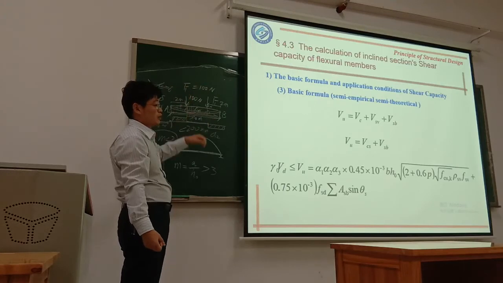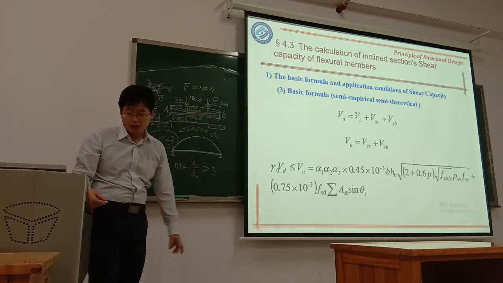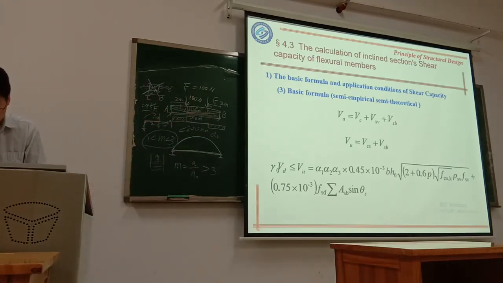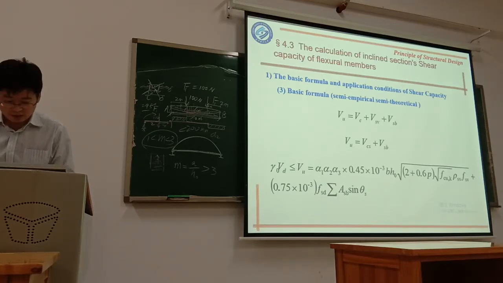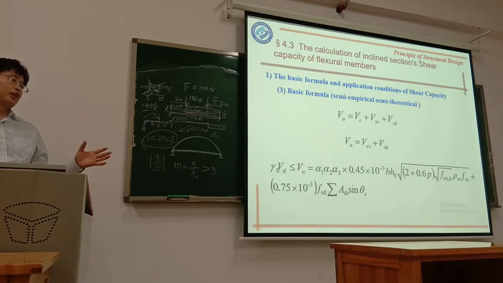So here we say for the pre-stressed structure, alpha 2 equals 1.25, and for reinforced concrete just 1.0. That means 25% increased, because the pre-stressed structure has a stronger capacity to resist shear force.